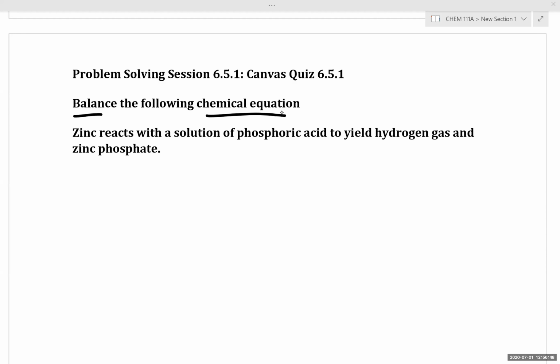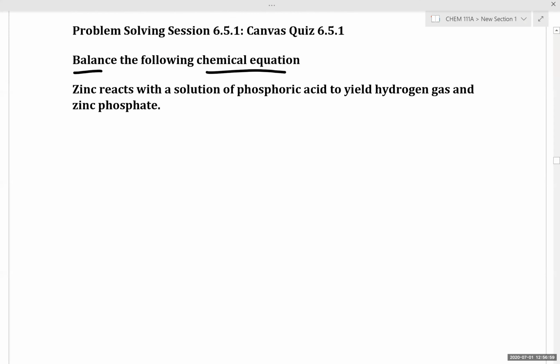And some of the balanced equations that I'm already seeing in the chat look perfect so far. So let's discuss our chemical formulas for each of our reactants and products.